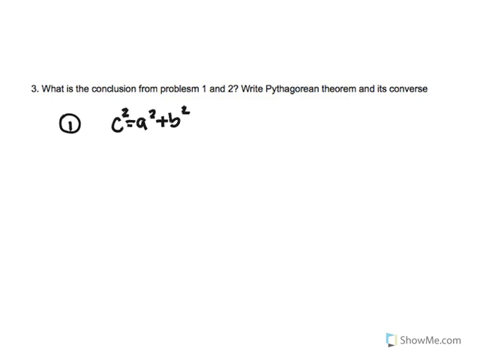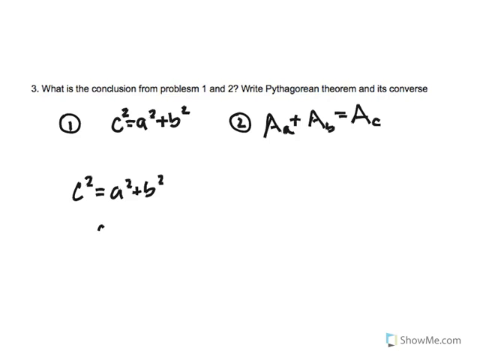And the conclusion from problem 2 was that the area of the small semicircle plus the area of the medium semicircle equals the area of the semicircle made by C. And we know that if c squared equals a squared plus b squared, the reverse must be true. A squared plus b squared has to equal c squared.